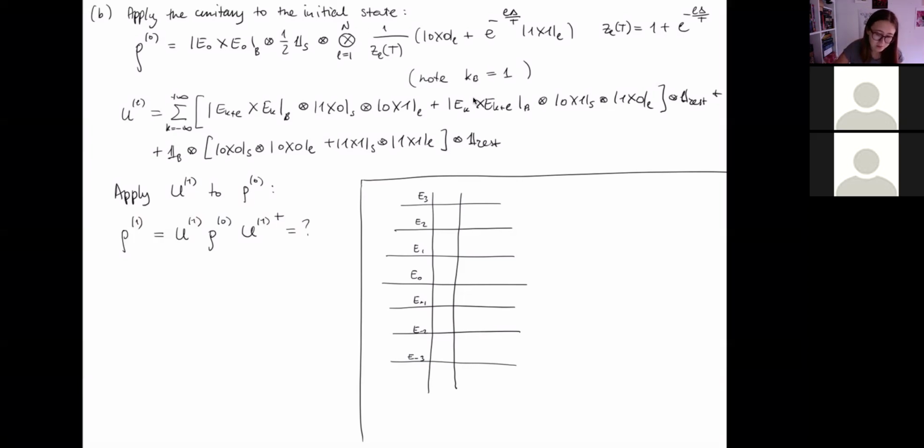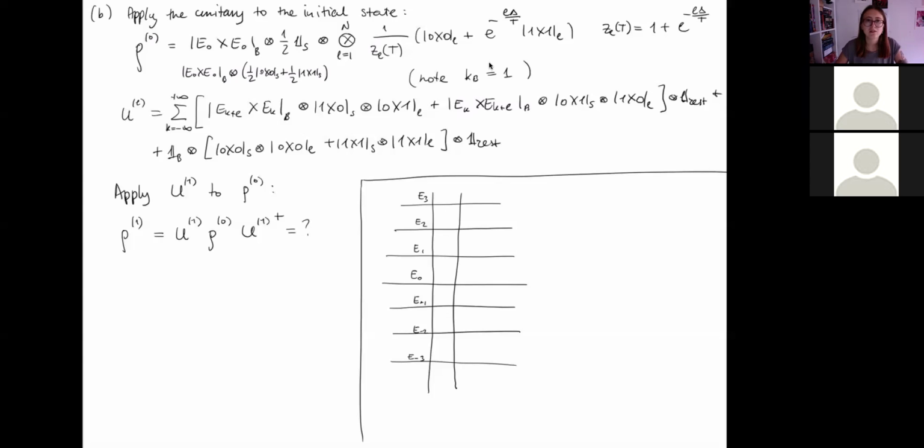In this case, we start in a joint state of the battery and the system, which is essentially 0, 0 on battery times 1/2 0, 0 on S plus 1/2 1, 1 on S. As you remember, such a mixed state just corresponds to the quantum mechanical description of a certain probability distribution on the states.